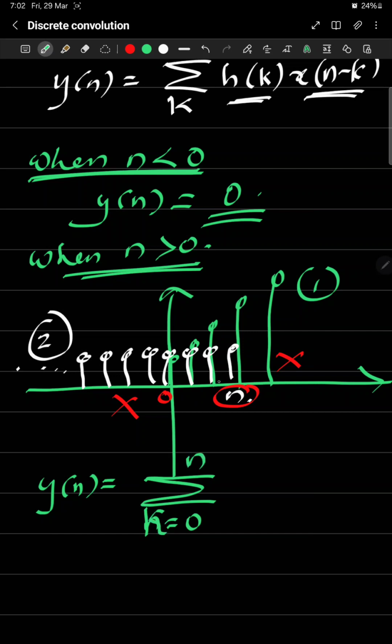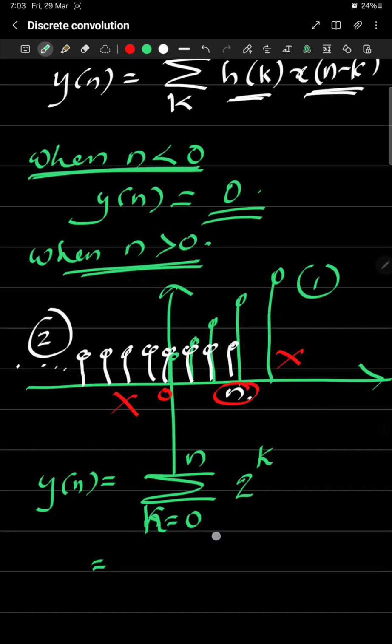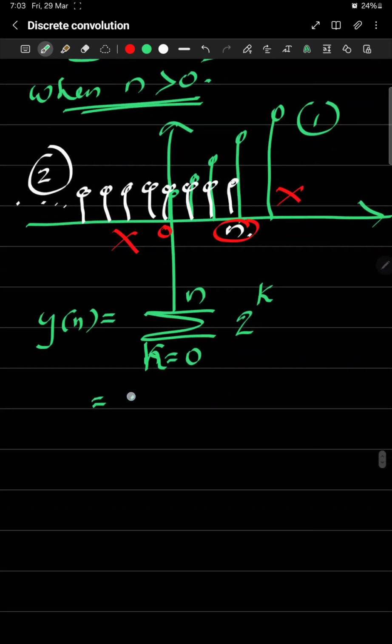Then what is the signal over here when you multiply 1 with 2? So amplitude of the signal 2 is just 1, it is unit step. So amplitude of signal 1 was 2 raised to k, that's it. So when you expand this, you will have first term as 2 raised to 0, 1, second term is 2 raised to 1, 2 square plus etc.